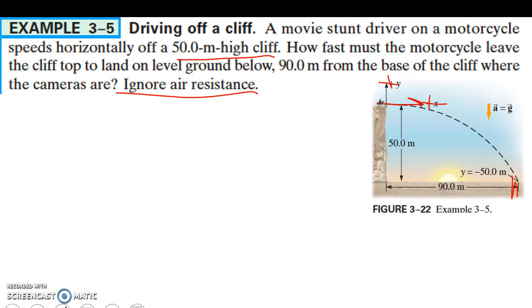Now I want to think about everything I know, okay? So let's talk about in the x. What do I know? Well, my velocity in the x is what I'm going to be solving for, okay? Because we want to know how fast the motorcycle must leave the cliff top. My x distance is going to be what we see here, and since that's to the right, there's 90 meters.